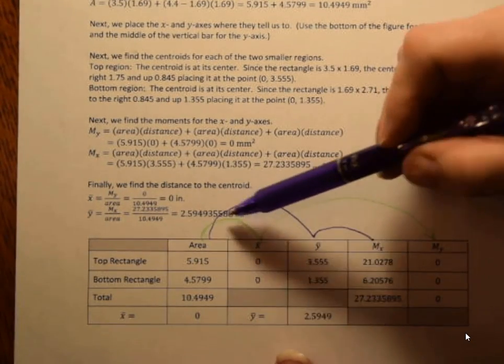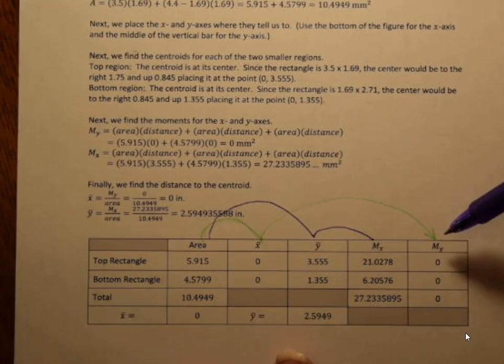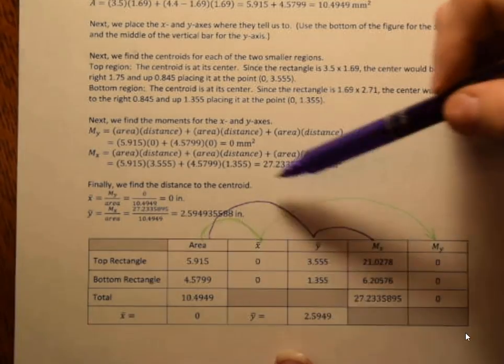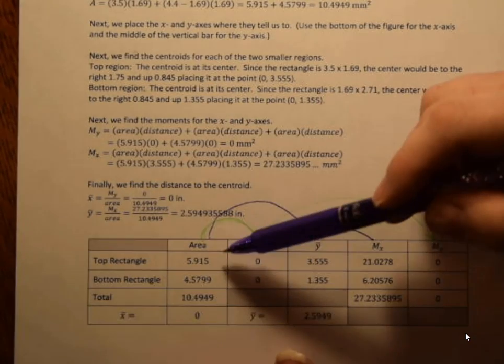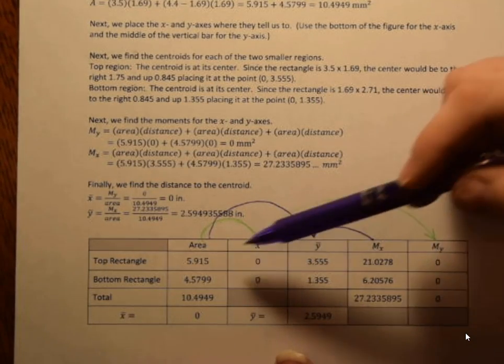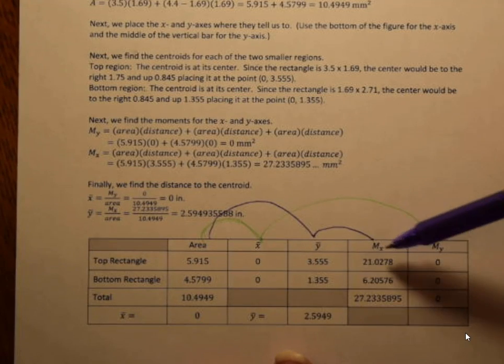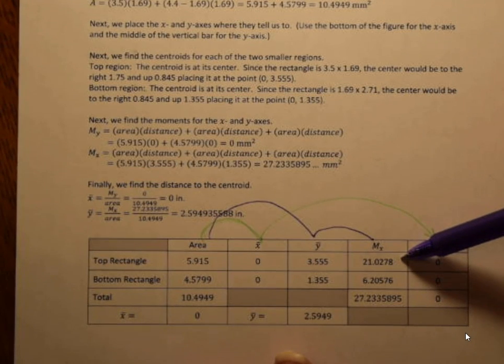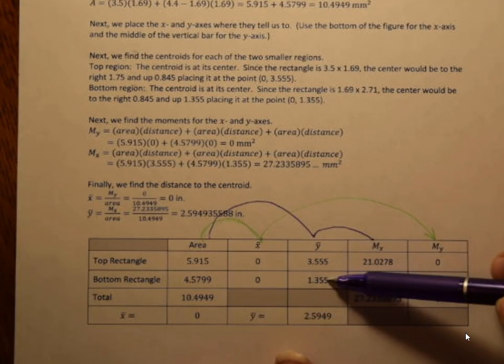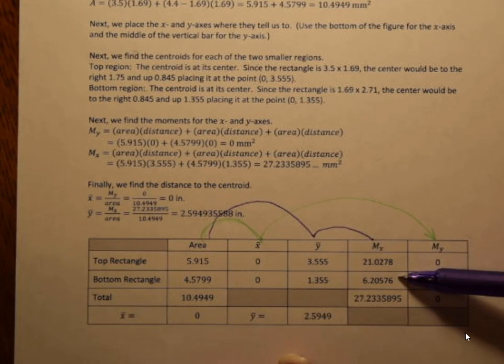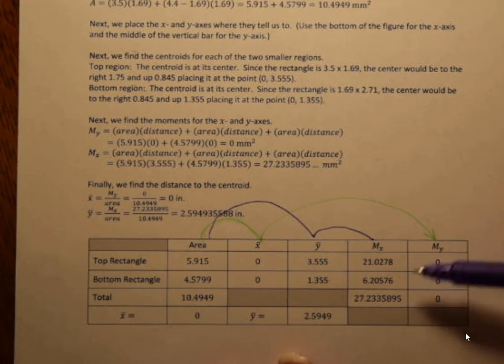Here we do a little leap and then a big one, and here we do a big one and then a little one. So 5.915 times 3.555 is 21.0278. And then this area times this y-coordinate is equal to this moment. Okay, and then we just add them up.